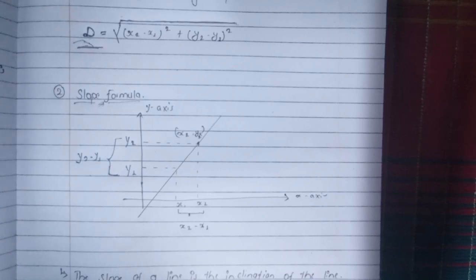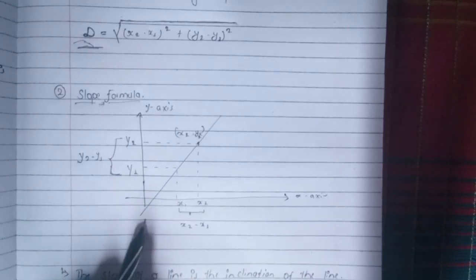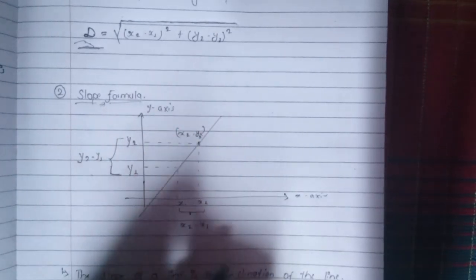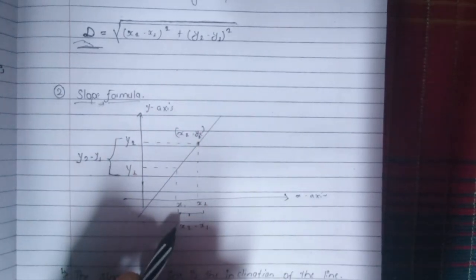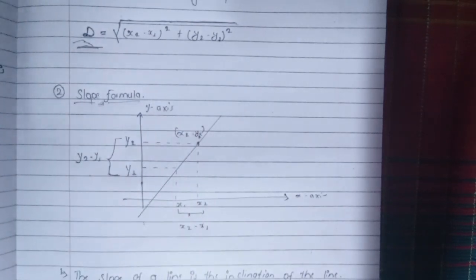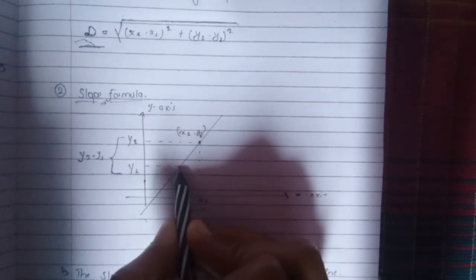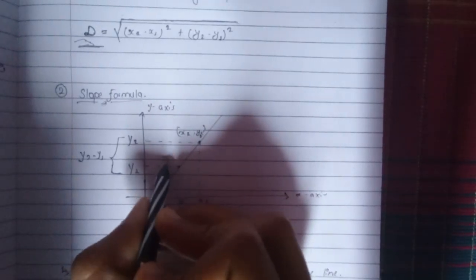So what is slope? As you can see in this figure, there are two points: x2, y2 and x1, y1.